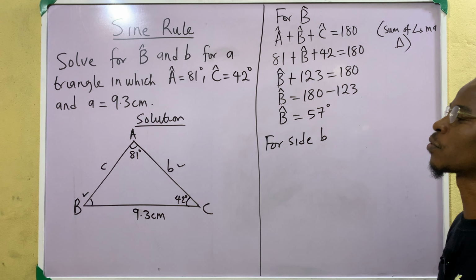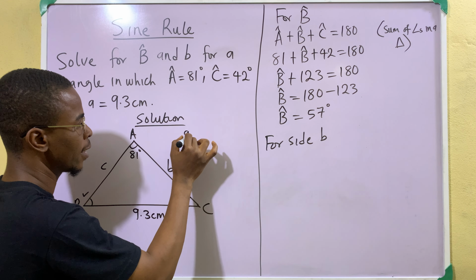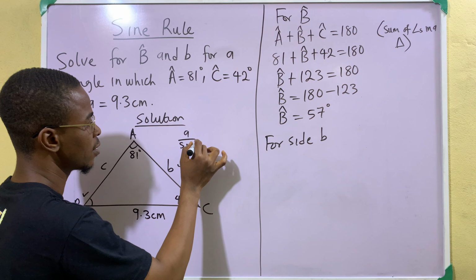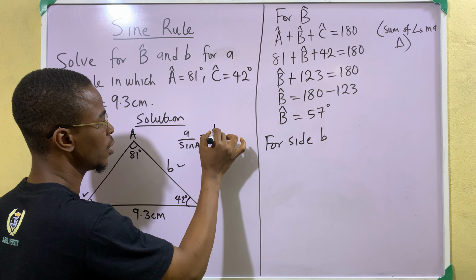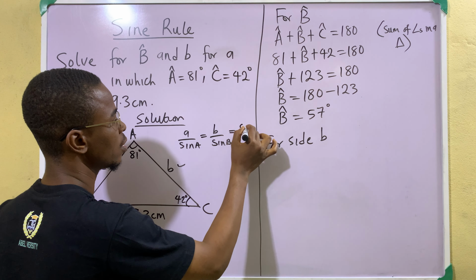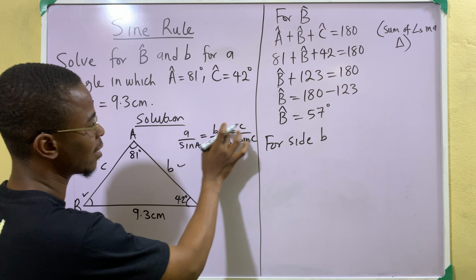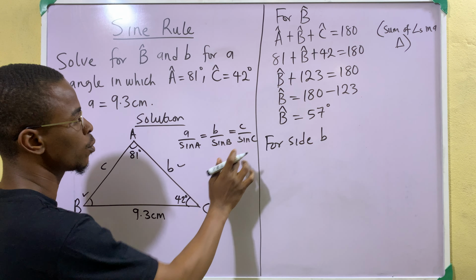And what does sine rule state? It says that a over sine A equal to b over sine B equal to c over sine C. These are the sides up and these are the angles down.